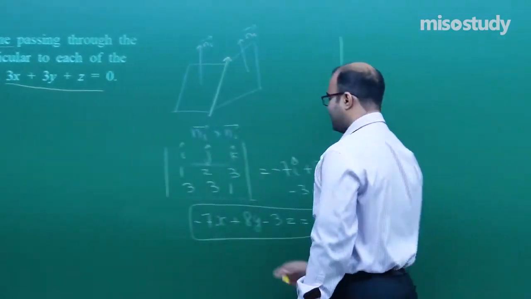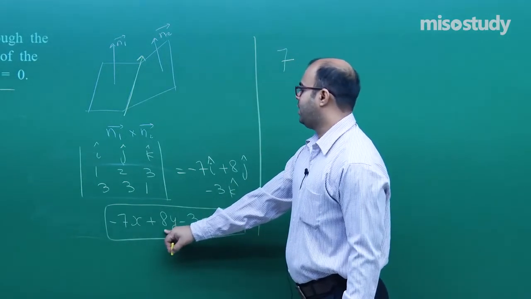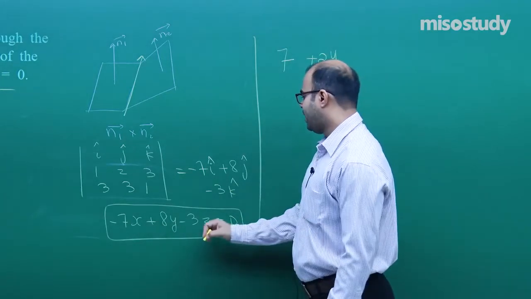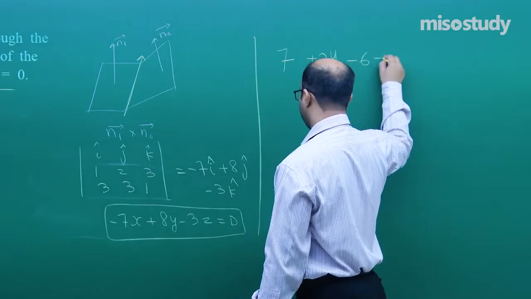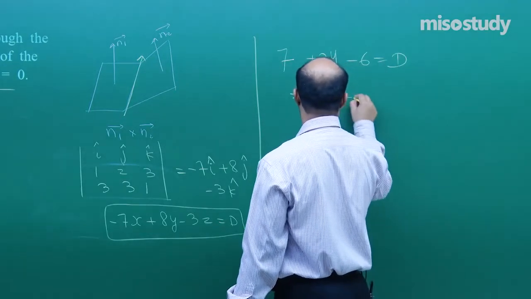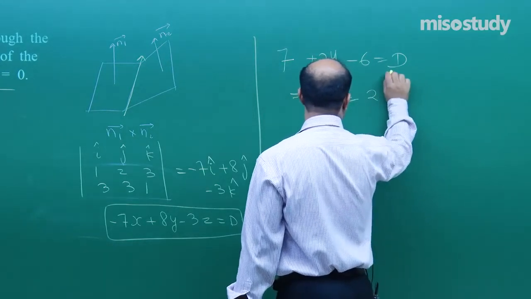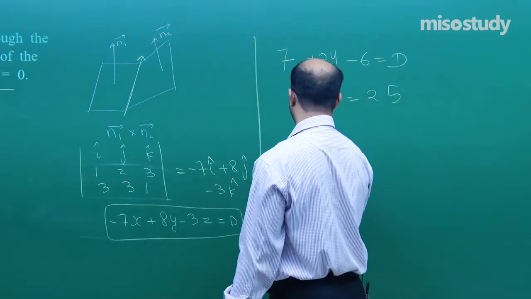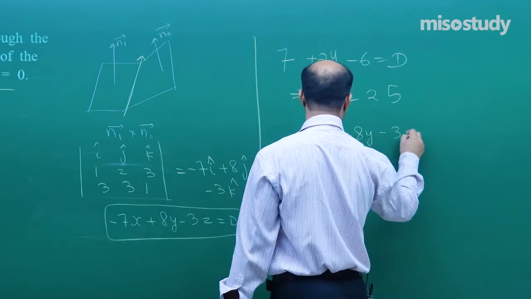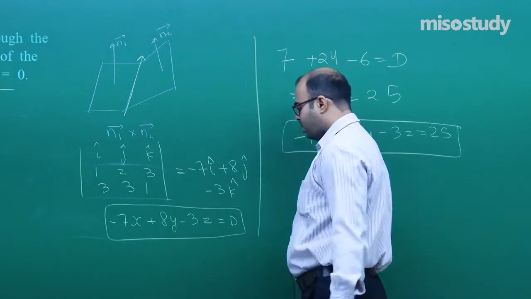When we substitute x as minus 1, this will become 7, and y as 3, this will become 24, and z as 2, minus 6, is equal to capital D. So capital D is equal to 24 minus 6 is 18 plus 7 is 25. So we can say the equation is minus 7x plus 8y minus 3z is equal to 25. So this is the equation of the required plane.